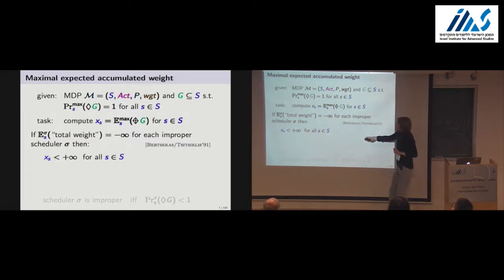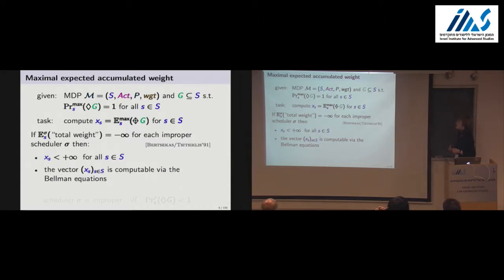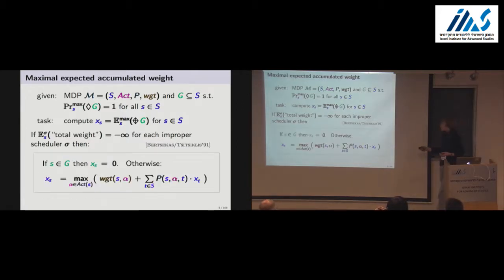Then they proved that if it's the case that for each improper scheduler, and by improper we mean one where the probability to reach the goal is less than 1, if each such improper scheduler enjoys the property that the expected total weight is minus infinity, then these maximal expectations for the expected accumulated weight until reaching G are finite for all states. And in this case, the vector with these expectation values is computable using the Bellman equations, what you have seen this morning.